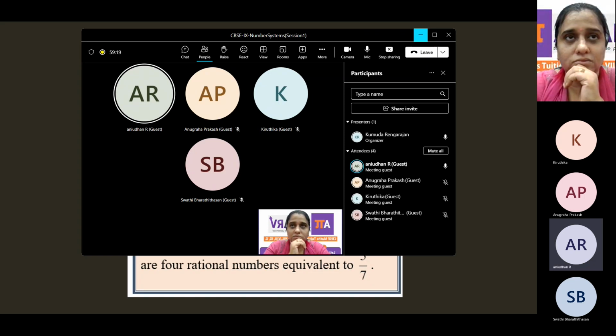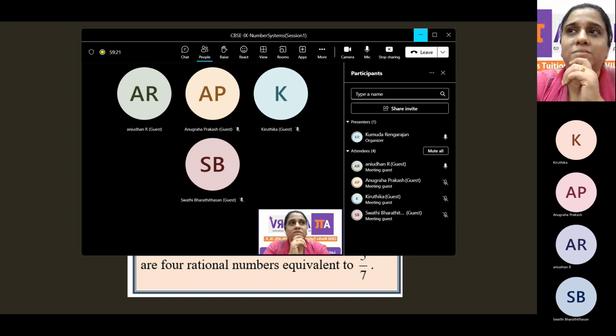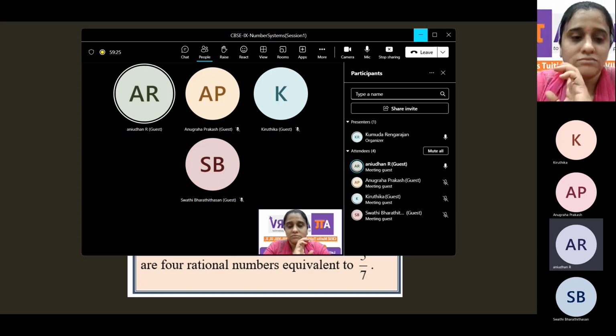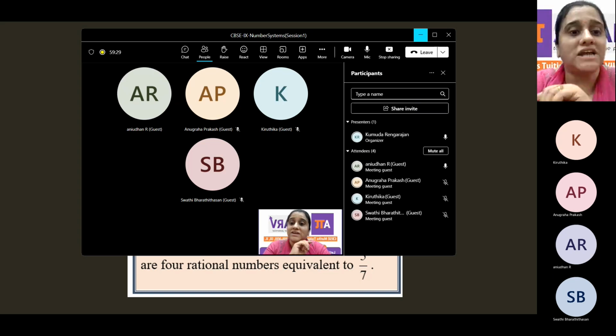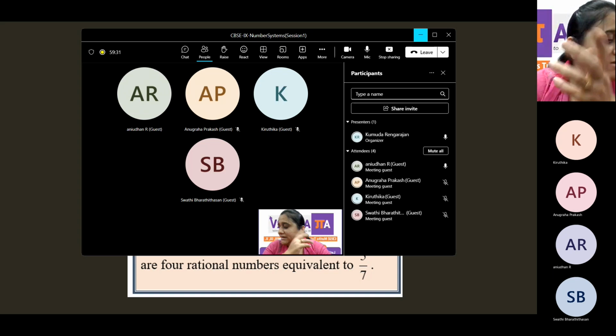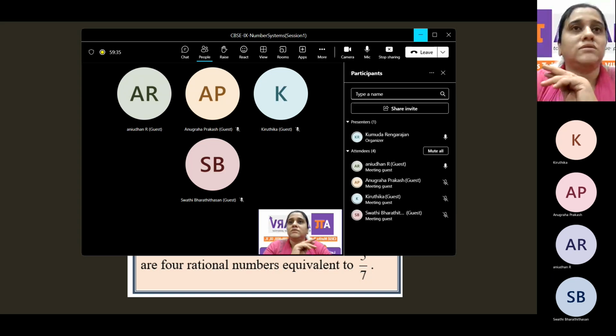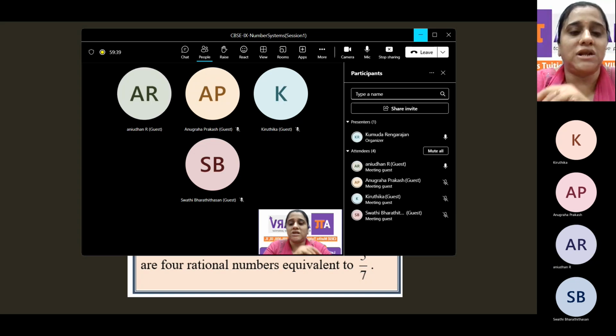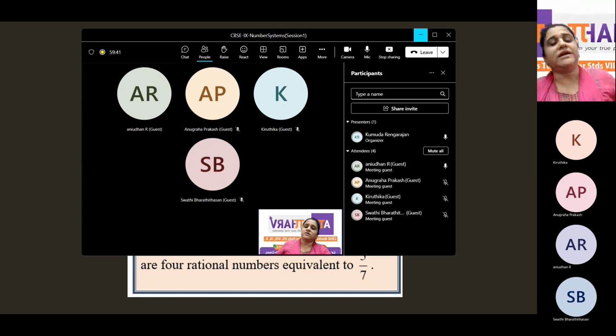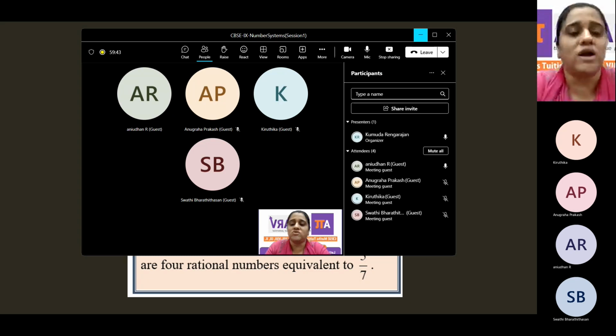Minus 7/3, ma'am. Okay, -7/3 is a rational number, but it is not an integer. Correct. Very good. -7/3 is a rational number because integer by integer is a rational number. So every rational number is not an integer. Very good.